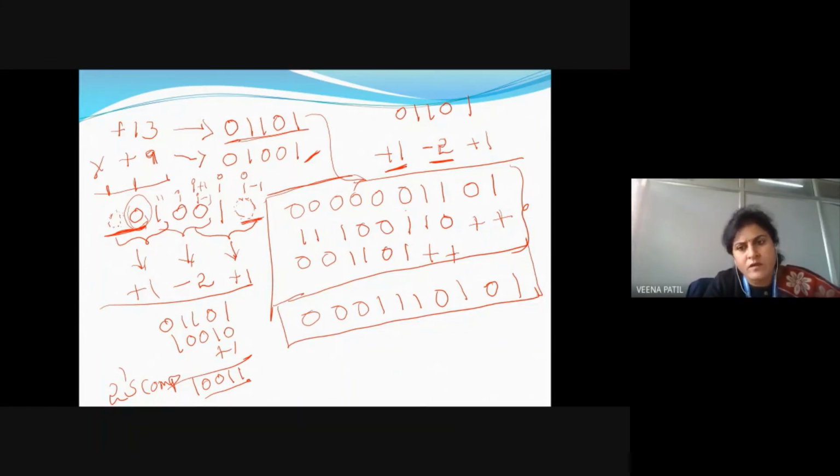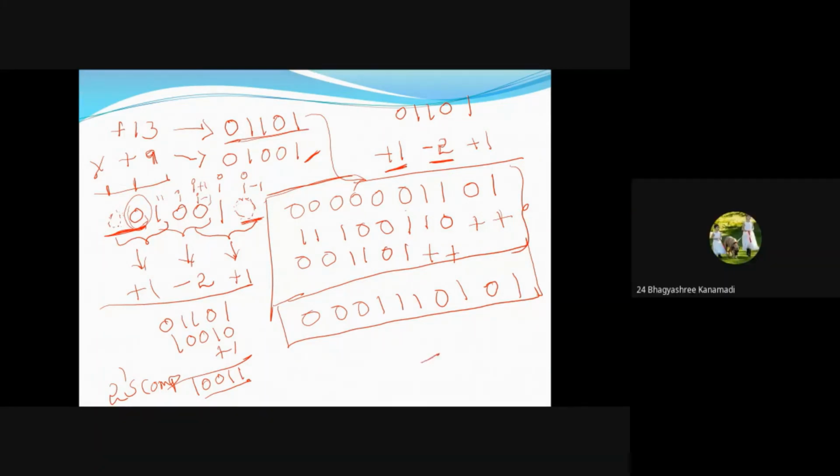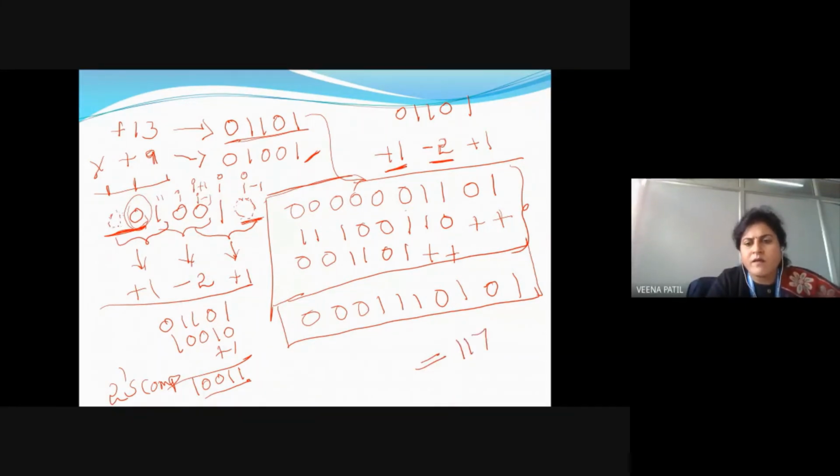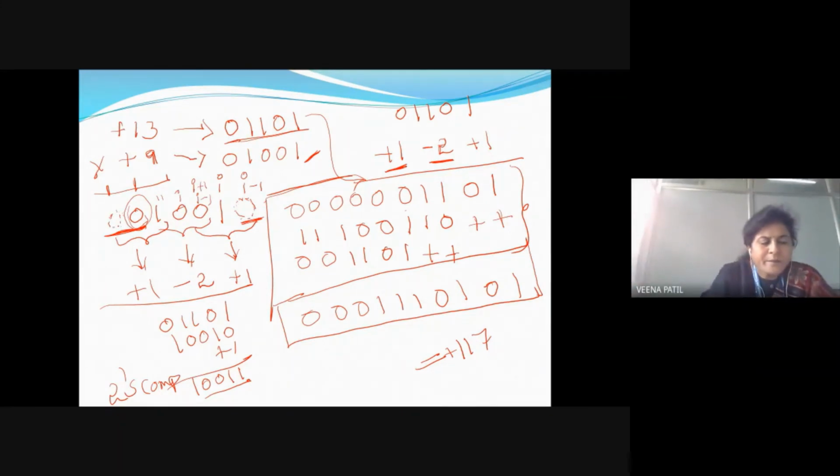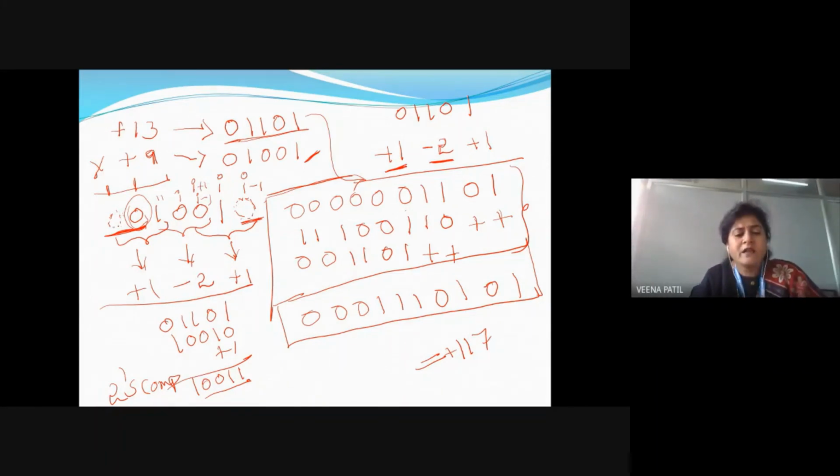Now compare this answer with Booth's algorithm, which you have done as homework. Both are the same. Nothing but it is equal to 117 plus 117. I hope you can do it if it is given in the exam. Any other doubts?